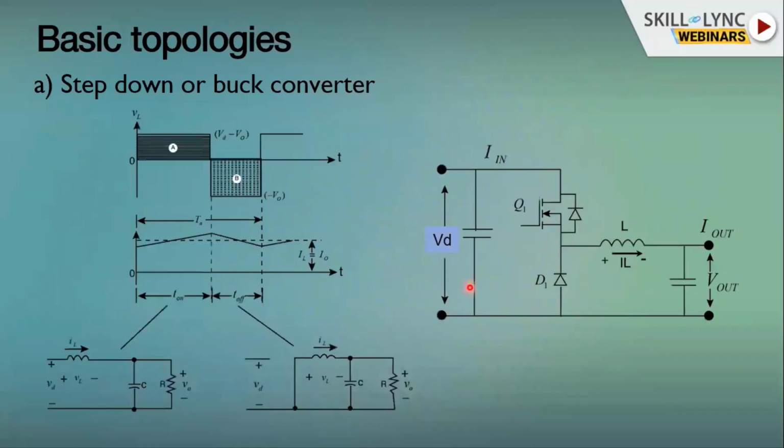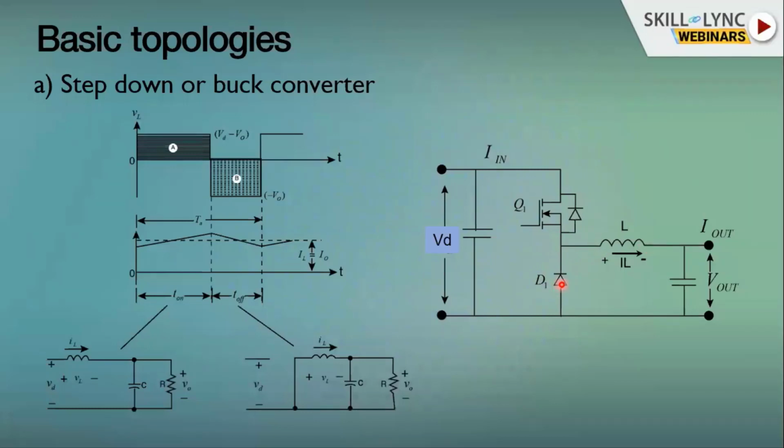What are CCM and DCM? We would like to know. Let me explain. With the same circuit, when we are switching on this MOSFET, on the left side the circuit arrangement will be like this. The current will flow like this, and it will flow through the inductor.